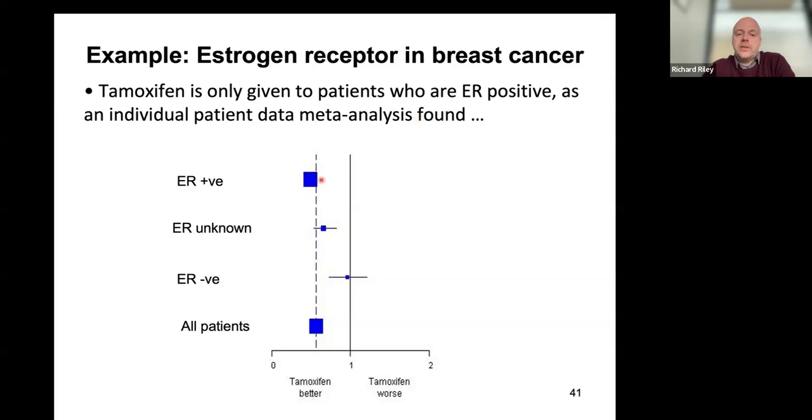So clearly we see that those that are positive, the treatment is effective. Those that are negative, no clear evidence that it's effective. So this IPD meta-analysis result led to this interaction being found, which has strong biological rationale, and therefore tamoxifen has a direct indication in those that are positive.